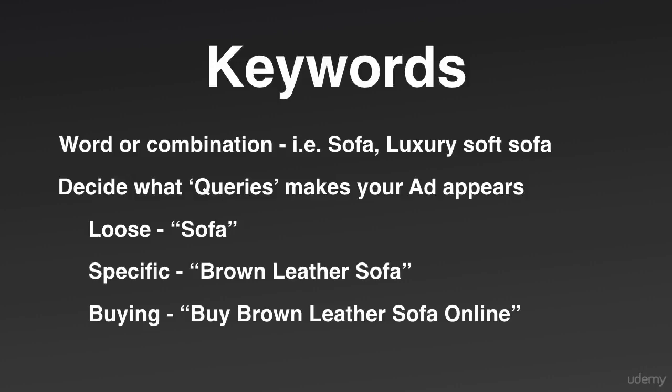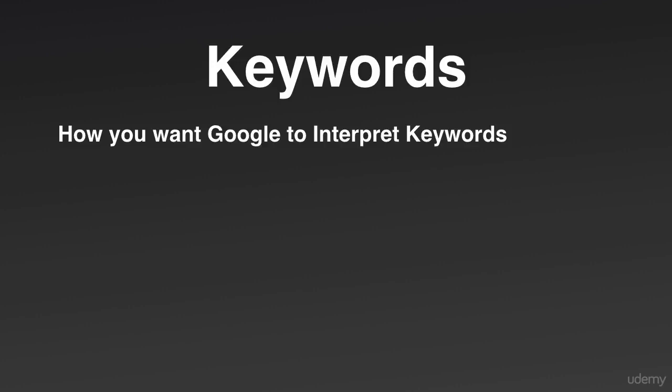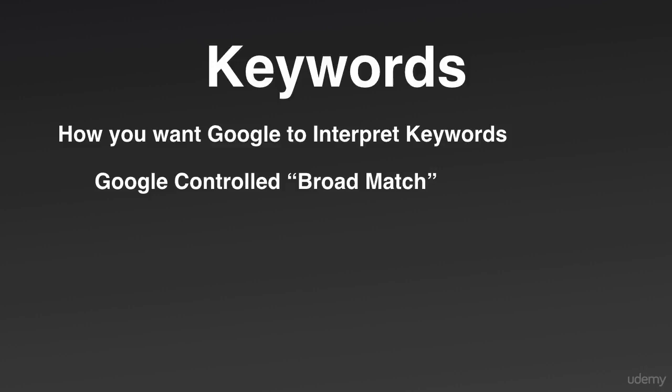But I just want to say that the more specific you get about uncovering buying behaviours, the more you bid for a keyword. So this course is going to help you make Google interpret your keywords in the correct way. How you want Google to interpret your keywords can be decided by you. For instance, Google can have complete control over what they show for your keyword.